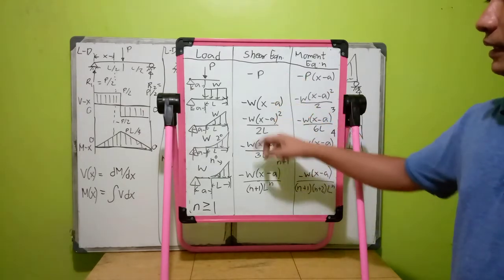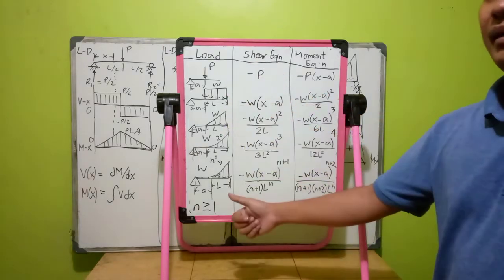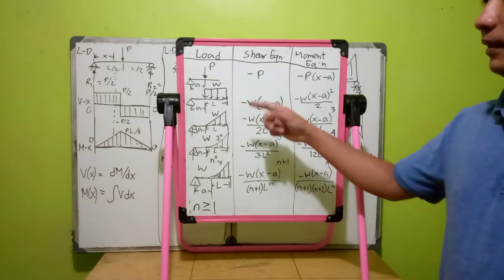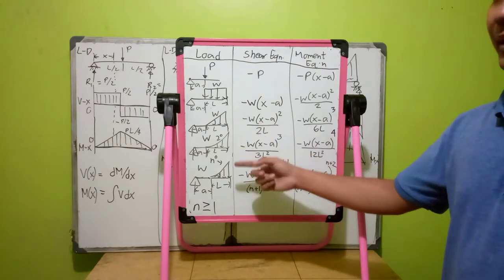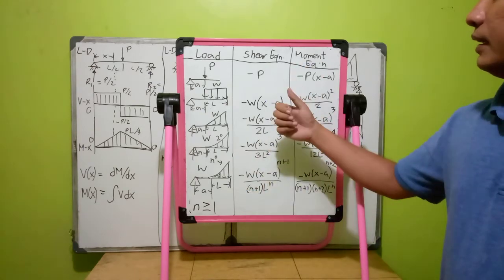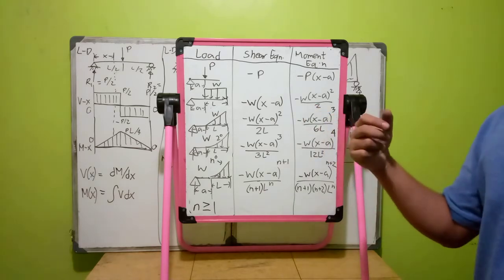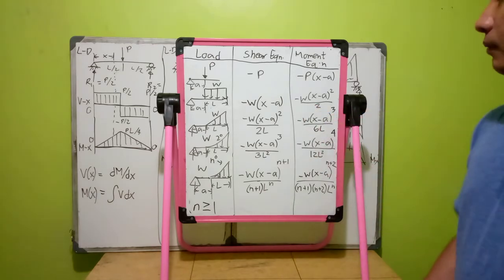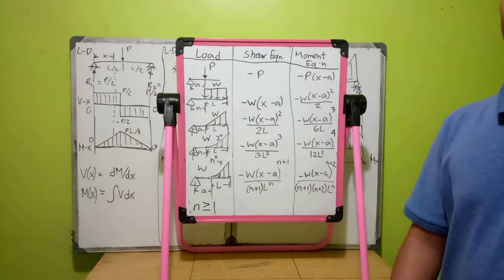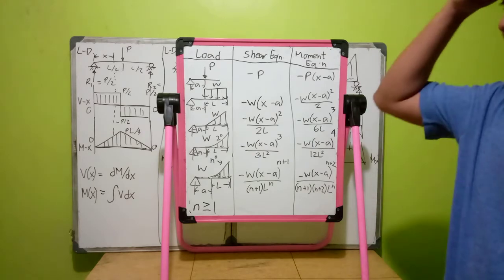If one or two of these loadings exist on one beam, just combine their shear equations in order to determine the shear and moment equation for that certain point or range of the beam.